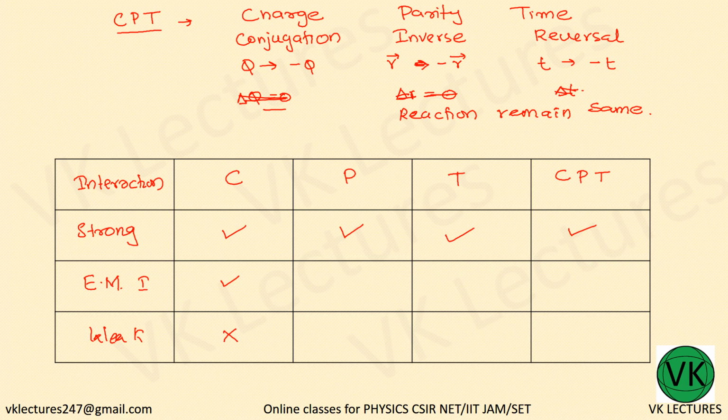For electromagnetic interaction also, parity, time reversal, and CPT together are conserved. For weak interaction, individually they need not be conserved, but CPT together must be conserved. Parity is given by parity equal to (-1) to the power L, where L is the angular momentum.